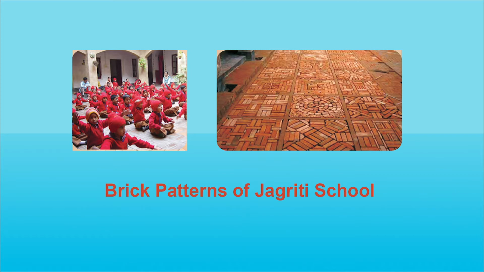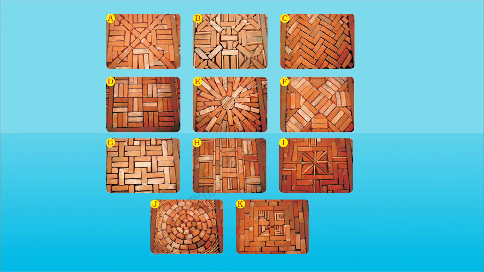The masons came back very excited and made wonderful patterns in the Jagrati school also. Let us look at the patterns they have made. Let us have a closer look. Wow, really beautiful patterns.